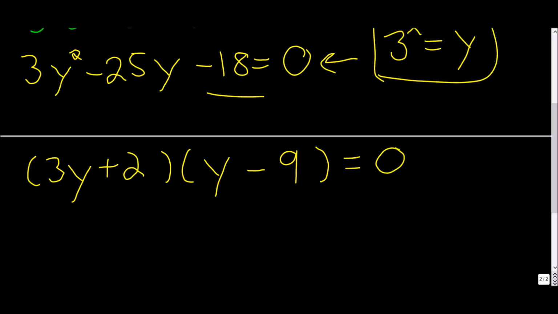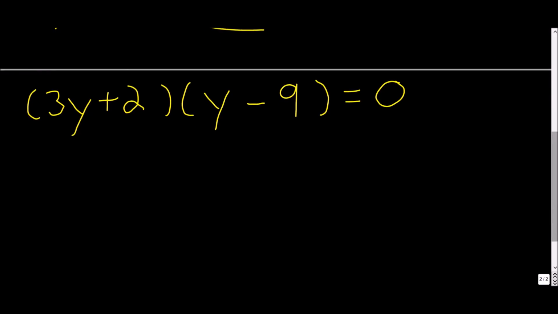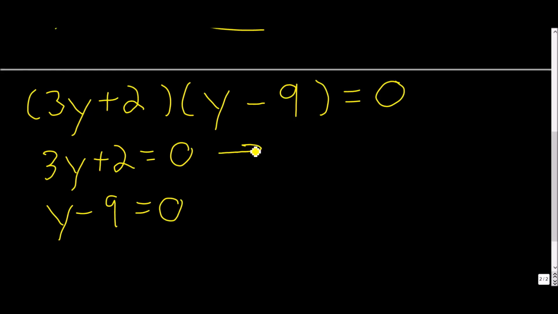If I know that this is true, I know that 3y plus 2 equals 0, and I know that y minus 9 equals 0. It's pretty easy to see from here that with my top equation, by subtracting the 2 over and so on, I'm going to get y equals negative 2/3.